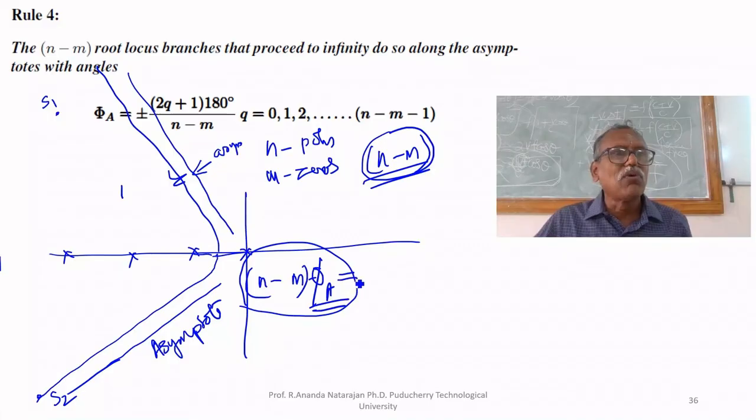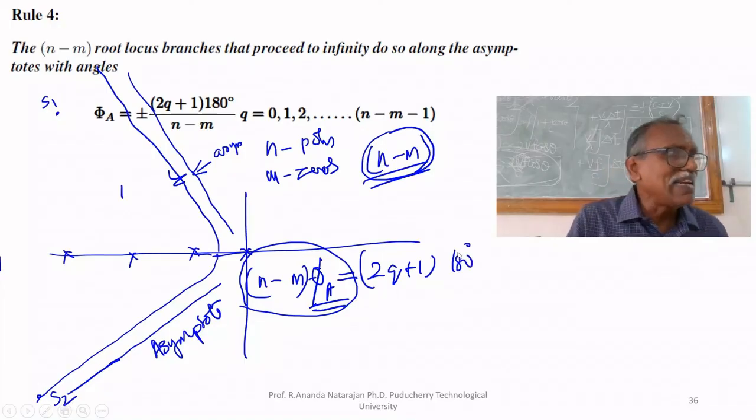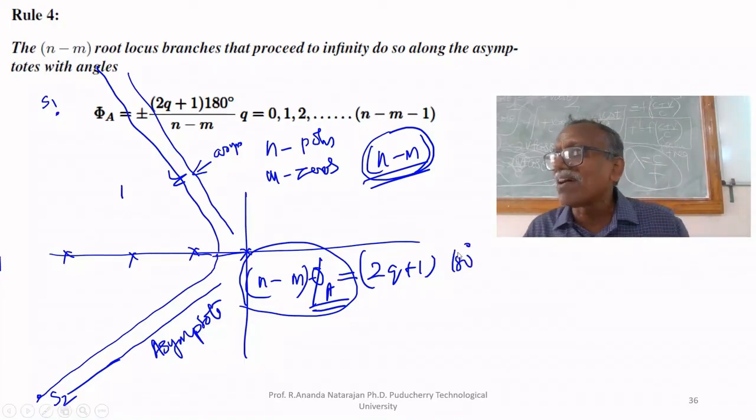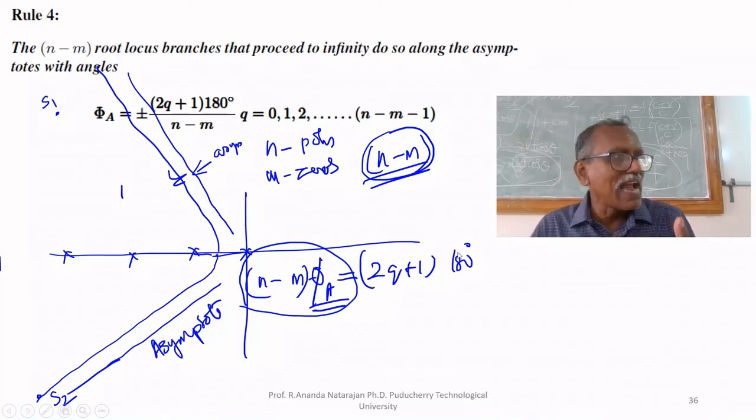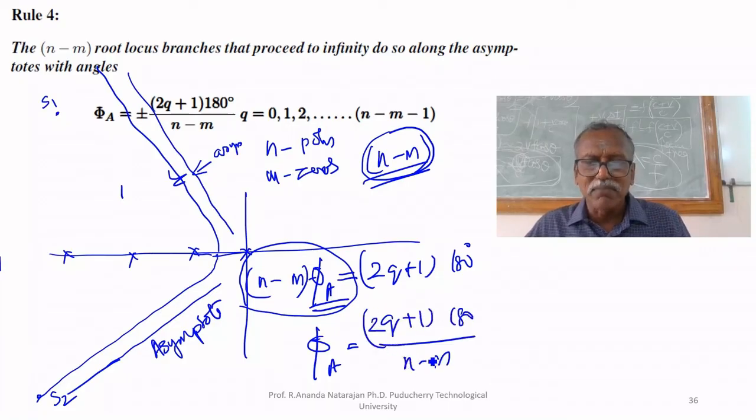That must be equal to 2q plus 1 multiplied by 180. Am I correct or not? Because that is the criterion to satisfy whether that point is on the root locus or not. Therefore, the angle phi a equals plus or minus 2q plus 1 multiplied by 180 divided by n minus m.